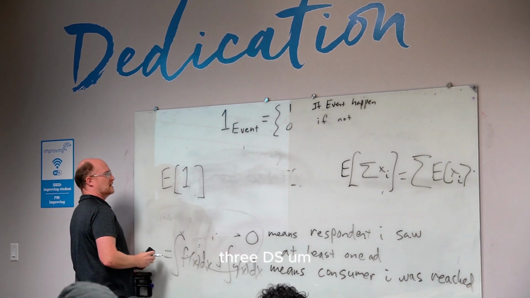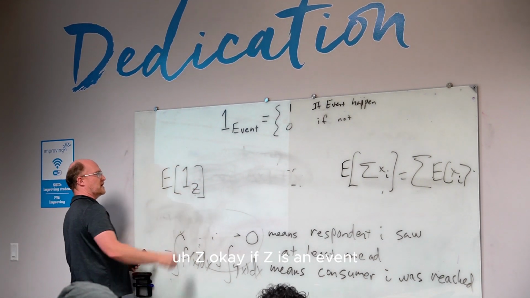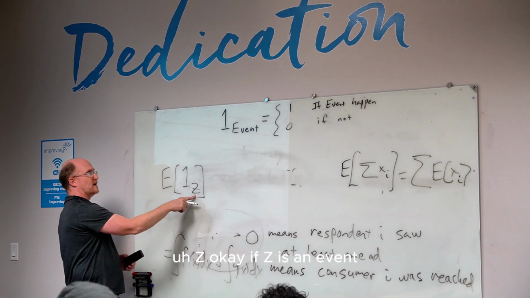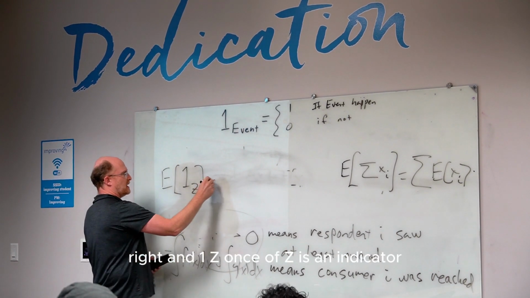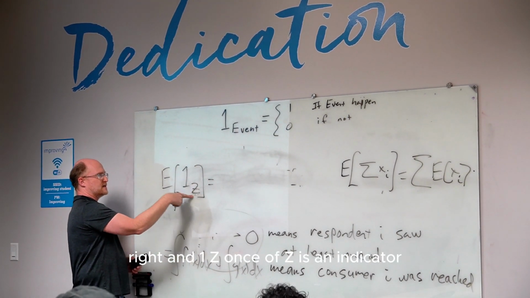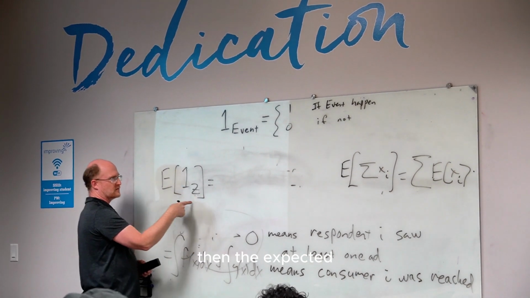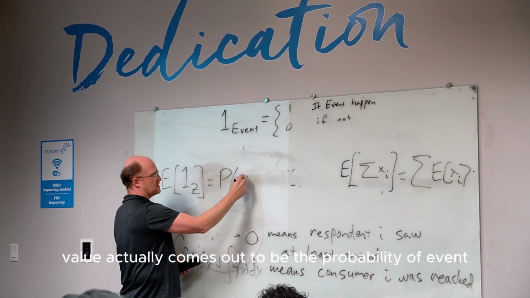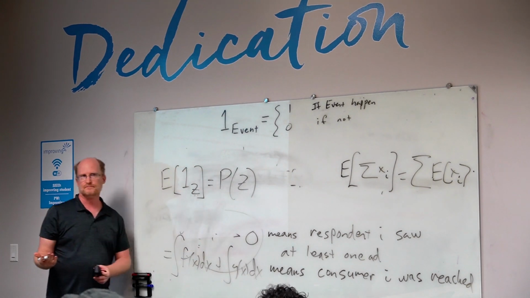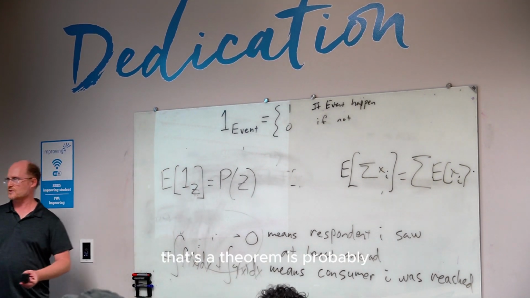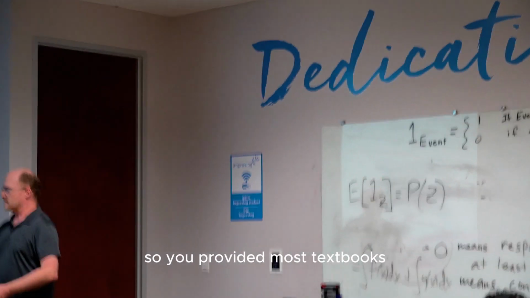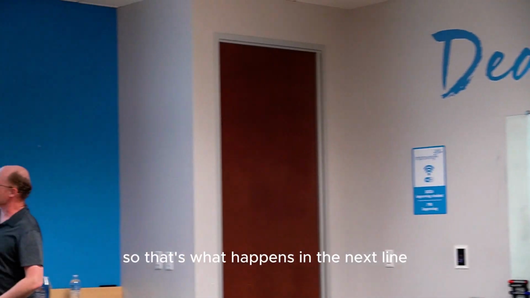If Z is an event, and 1 sub Z is its indicator, then the expected value comes out to be the probability of the event itself. That's the theorem. It's from probability theory, so you can find it in most textbooks.